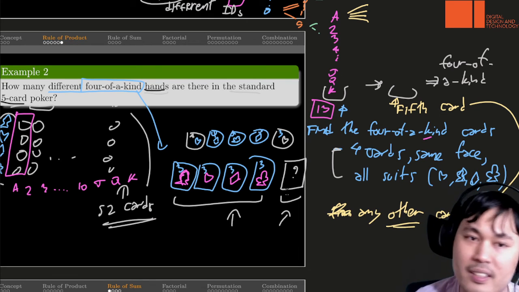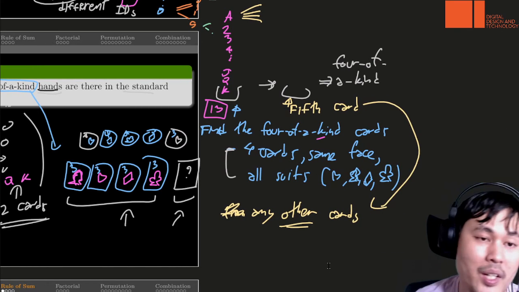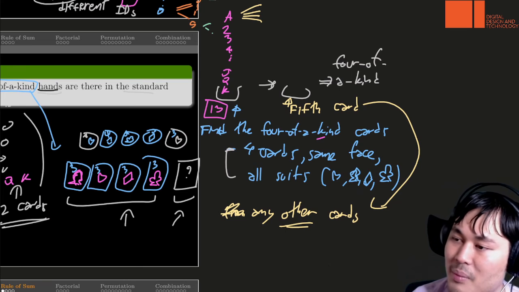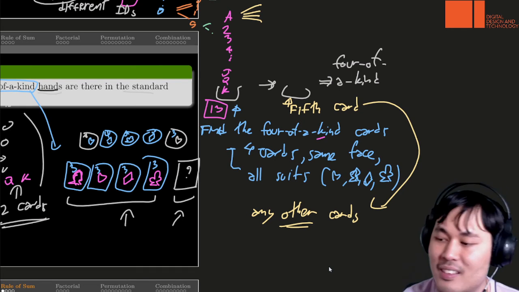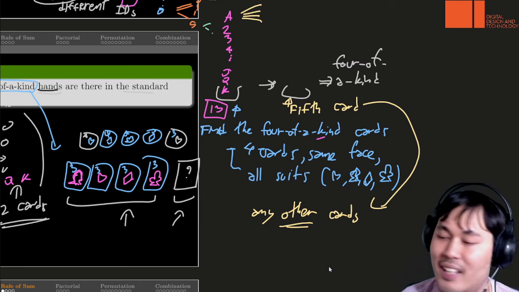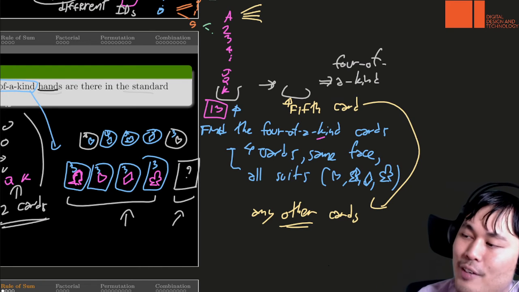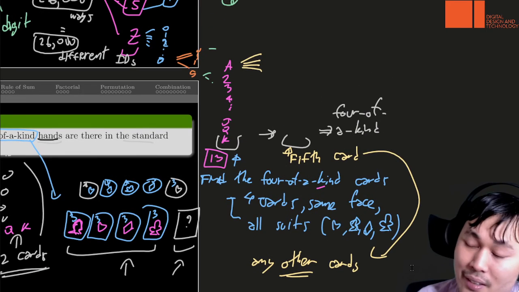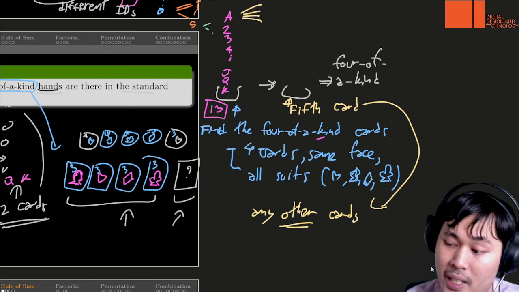Notice the word other. It's not any card. Why do I use the word other cards? Because if you pick 4 aces, then you cannot pick a 5th ace. There are only 4 copies of an ace in the deck. Unless you cheat or do some weird trick, you can't have 5 aces. There's no ace anymore in the deck, so you can pick any other card.